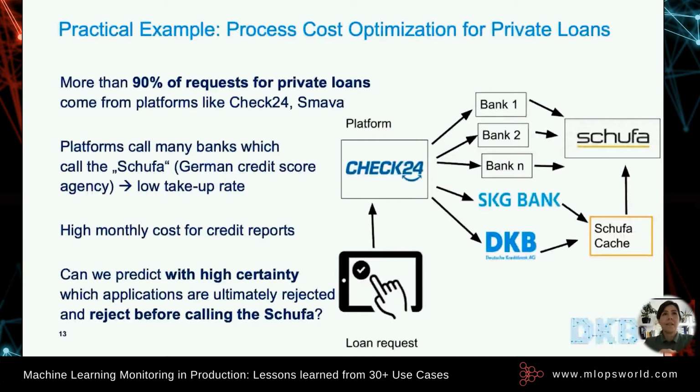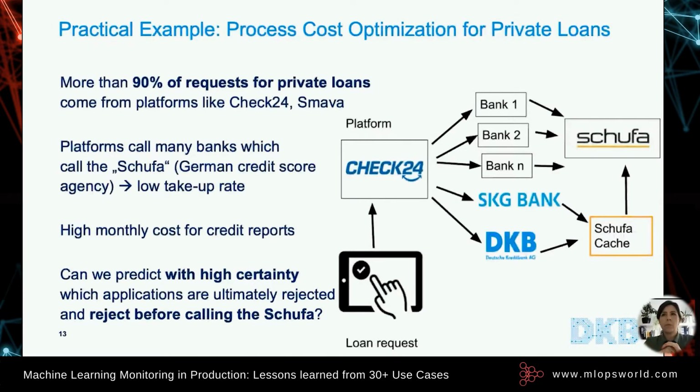One of my latest cases is process cost optimization for private loans. Just so we can talk about a live example, a customer goes to a comparison website for private loans, and the comparison website calls, let's say, 20 banks and says, what interest rate would you give this customer?